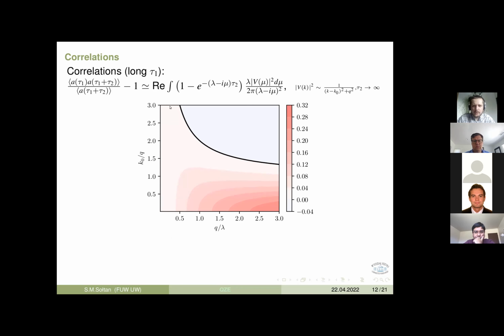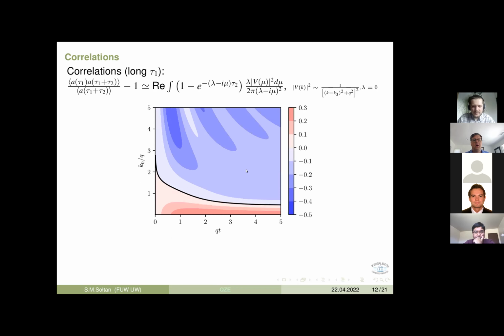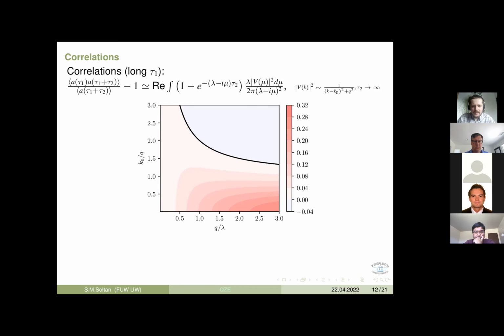The region below the curve, if we look at the scale, is the region in which the weak values have strange values, and the Leggett-Garg inequality is broken. And especially in this last case, it may be noted that it can be broken even for some long times.